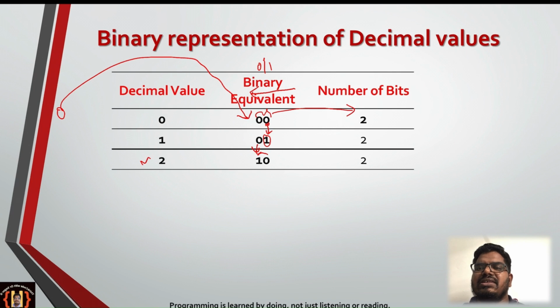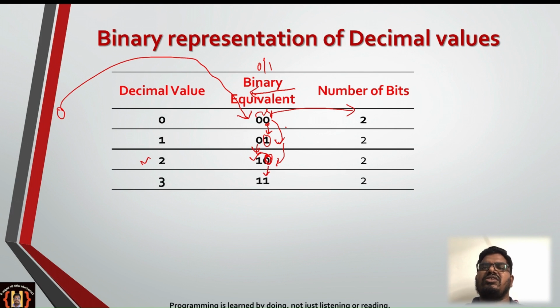Then what is the next? I changed the first position, and then the second position, and now the rightmost position we replace with 0. Now the value is 3. In the second position, I am changing it again to 1. The left is already 1 and it is set; you can't do anything there.